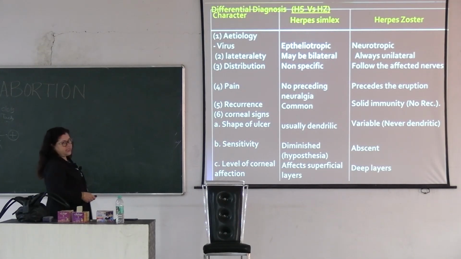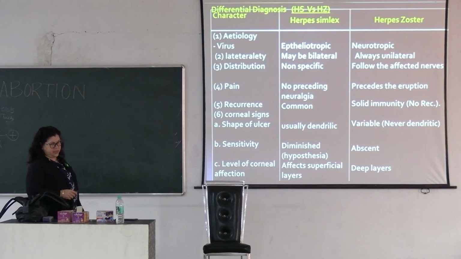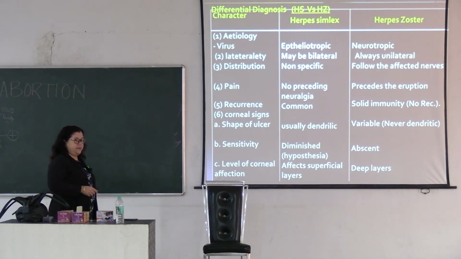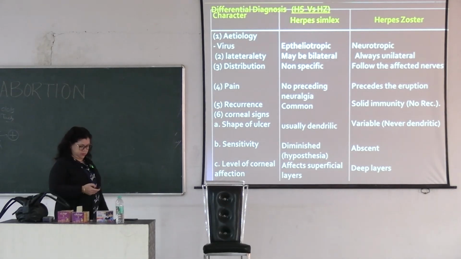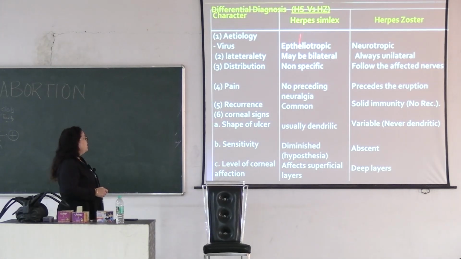So, here we differentiate herpes simplex keratitis and herpes zoster ophthalmicus. The first differentiating point is the etiology. Both are viral infections, as the names suggest, caused by the herpes simplex virus and the herpes zoster virus. Herpes simplex virus is of two types, herpes simplex 1 and 2.